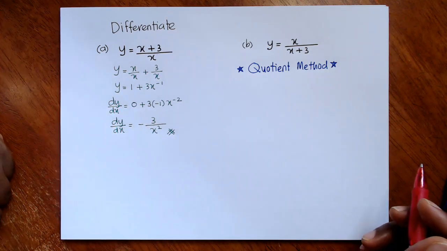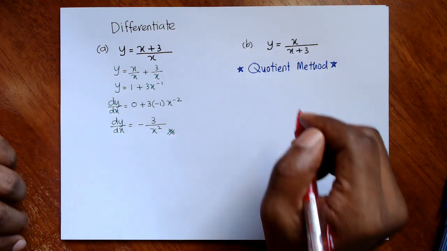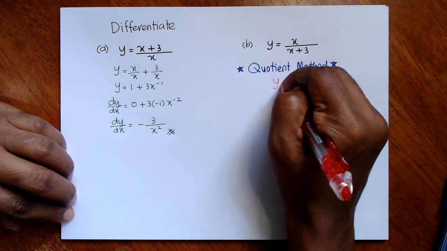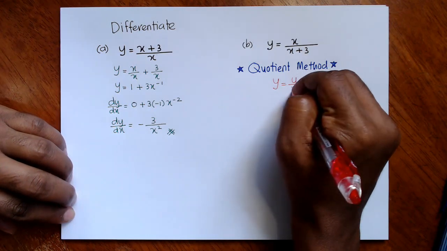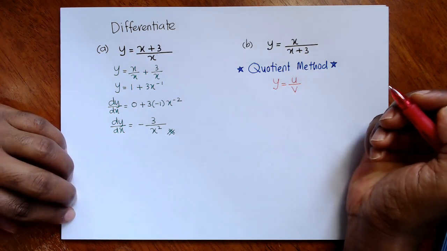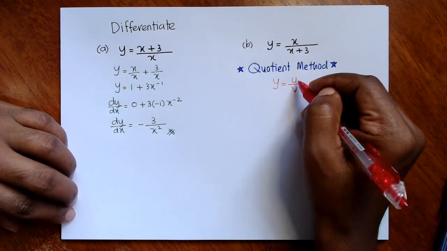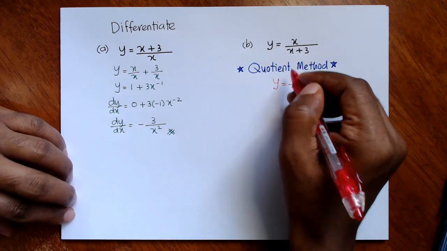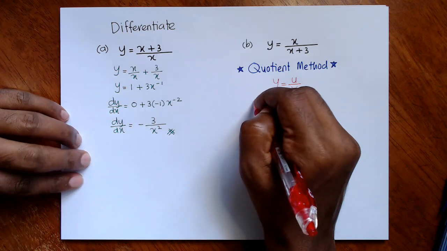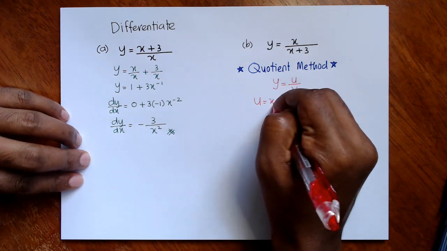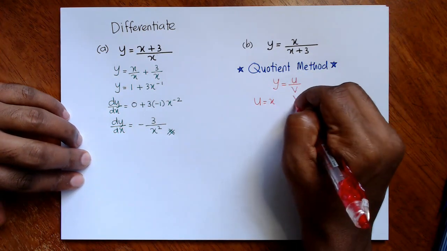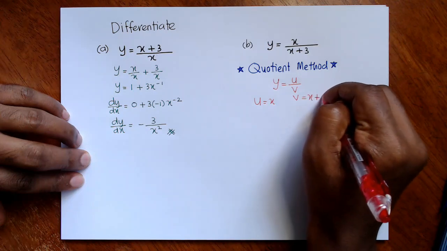In the quotient method, we assume that y equals u over v. So u must be on top, v must be below. Therefore we assume u equals x and v equals x plus 3.